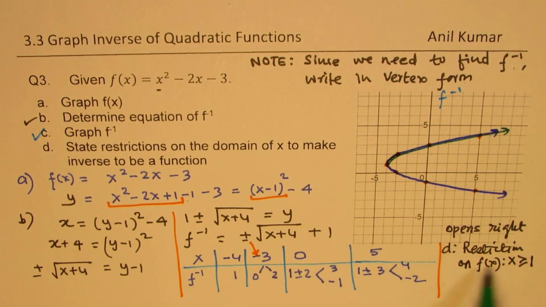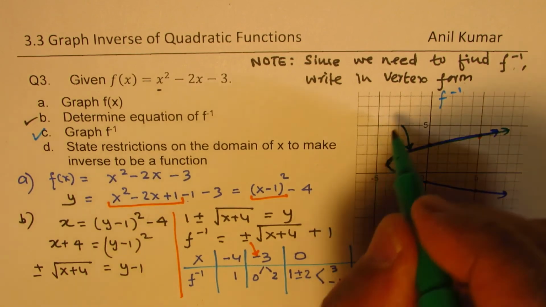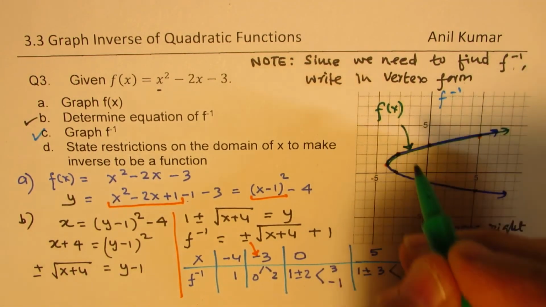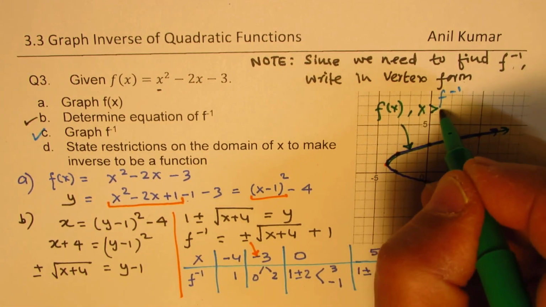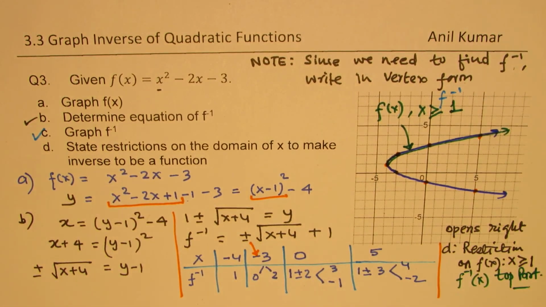Since we are taking the right side, does it make sense to you? So f inverse x will be the top part for the given restriction which I took, right? So this graph represents when f of x is greater than or equal to 1. Is that clear to you, right?